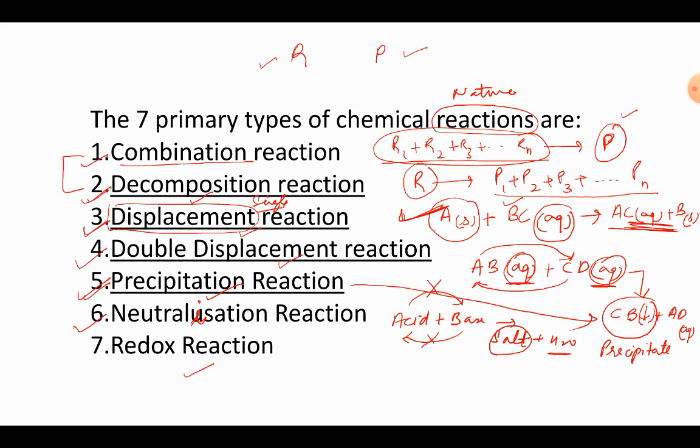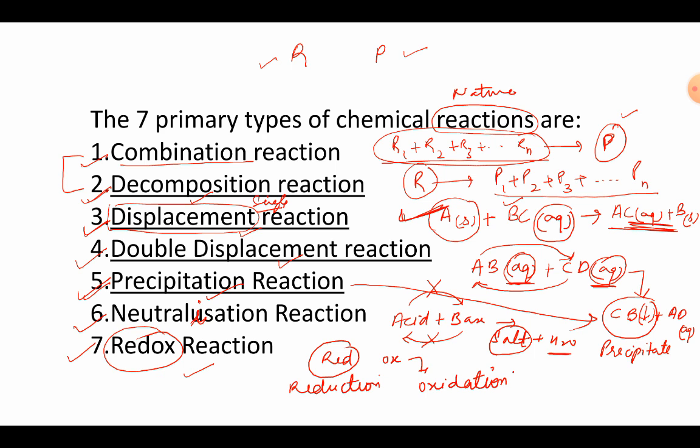Okay. Then moving on to the last type, what is a redox reaction? See, redox is actually a combination of two terms, red and ox. Red stands for reduction, that reduction is taking place, and ox stands for oxidation, that oxidation is taking place. Now what do we mean by reduction?